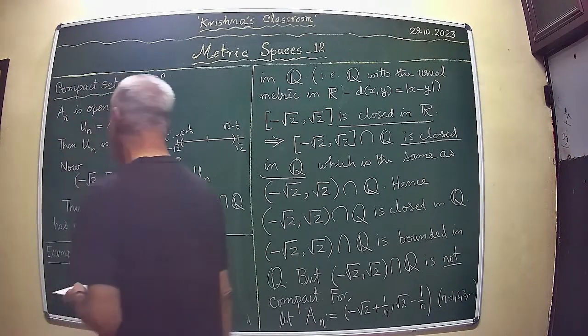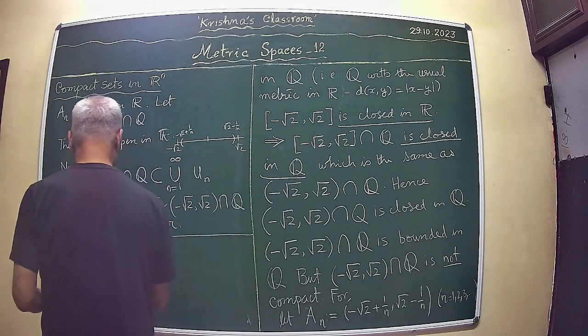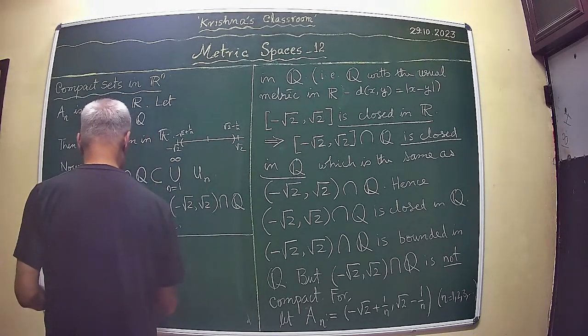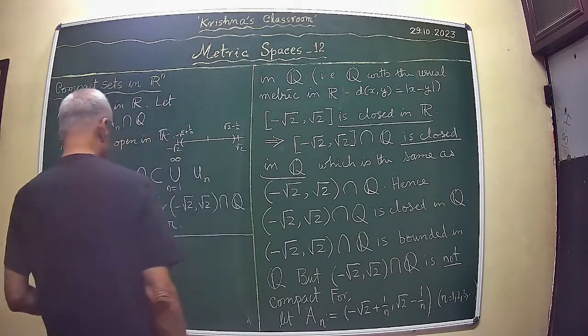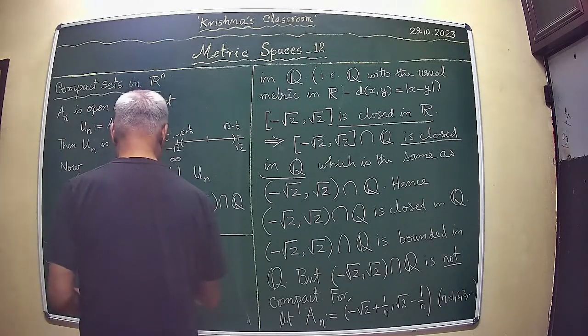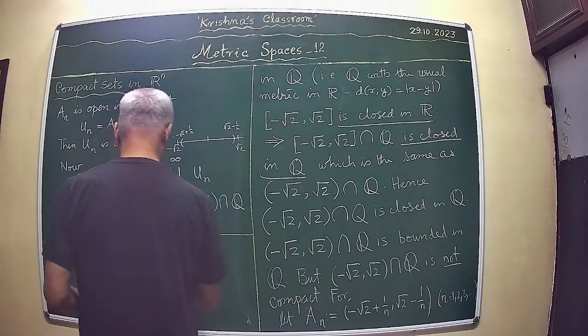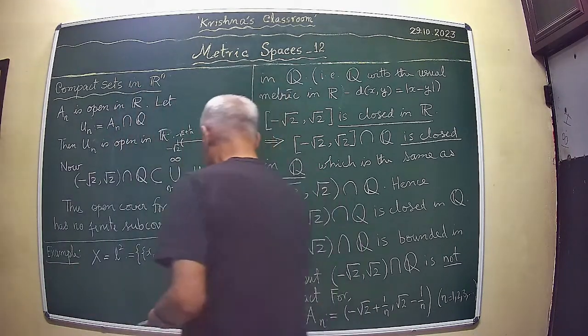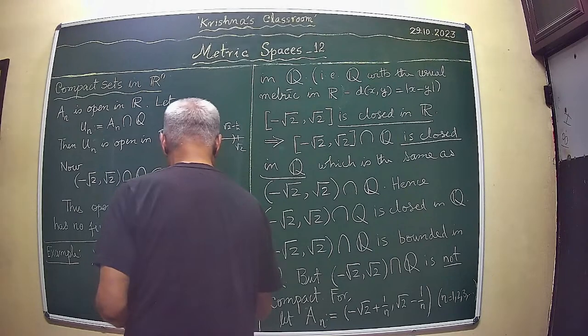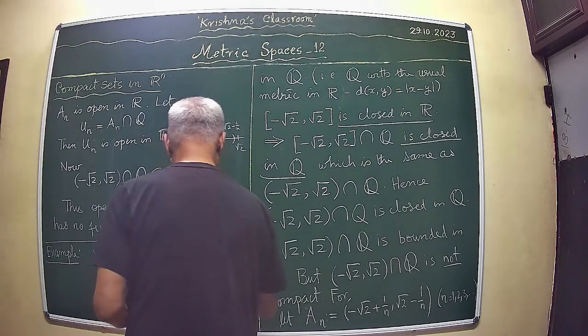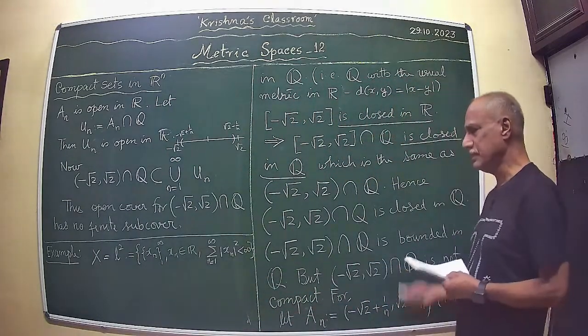L2 consists of all those sequences x of real numbers with the sum of squares finite.